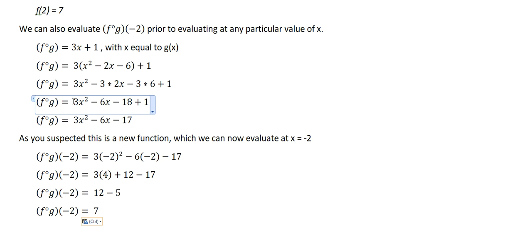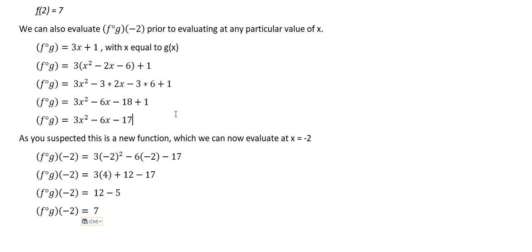So 3x squared minus 6x minus 18 plus 1. Of course, we can combine the minus 18 and the 1. That's minus 17. So the composition of f and g is 3x squared minus 6x minus 17. And yes, that does look like a new function.